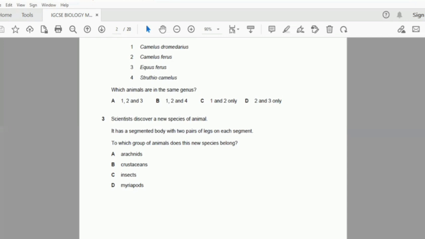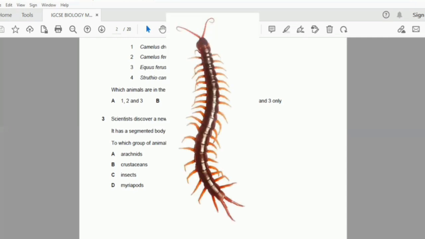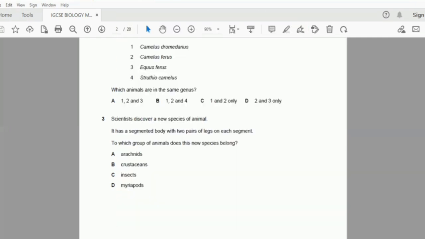And then the myriapods. Myriapods are the centipedes and the millipedes. They have a pair of legs on each body segment. They have segmented bodies, so they have a pair of legs.